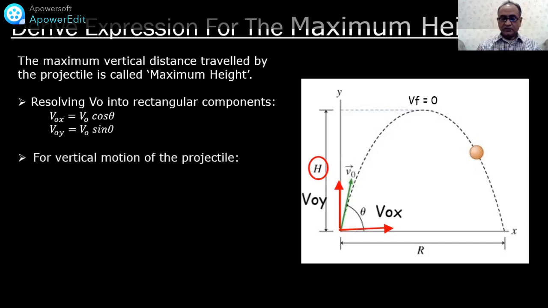For this motion, the initial velocity is V naught sin theta. We'll only consider the vertical portion. Since it goes up, at a certain point the body will stop and start its downward motion. At that point, its final velocity would be 0. That's why I have written here Vf is equal to 0. So what is to be noted over here? The initial velocity is V naught sin theta and the final velocity is 0.